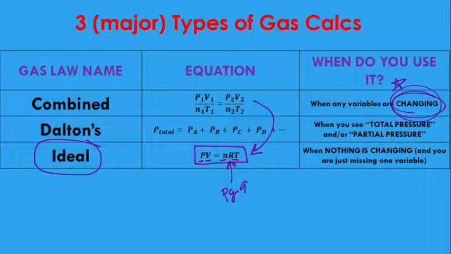But it has the same variables as the combined gas law, but there's only one of each. And they're in some weird places, but here there's only one of each because nothing is changing.